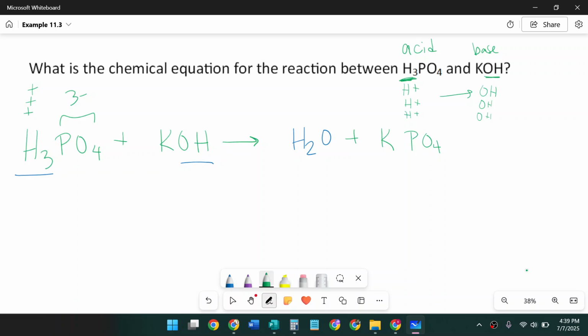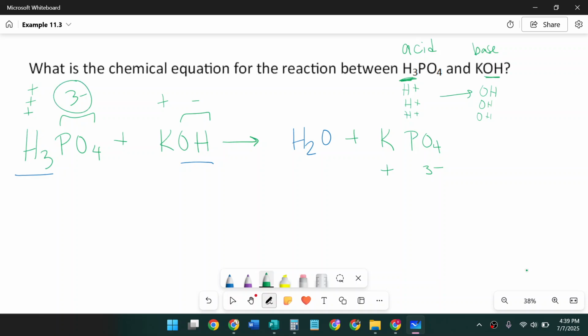And because this has a -1, this must have a plus. And you can also find that out by knowing some of the things about where they are on the periodic table. So our K has a plus, our PO4 has a 3 minus.